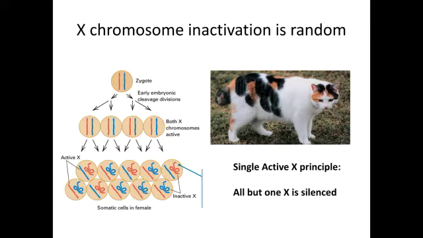All right. So it turns out that of the X chromosomes in females, one of them is turned off. What that means is that males have an X chromosome and a Y chromosome, so they have one dose of the X. But in mammalian females, there are 2 X chromosomes, but one of them is turned off.